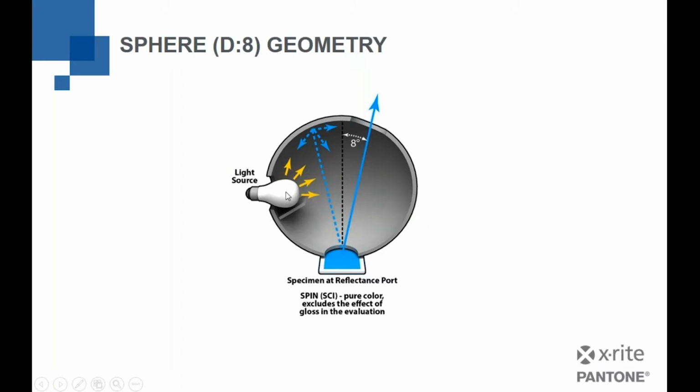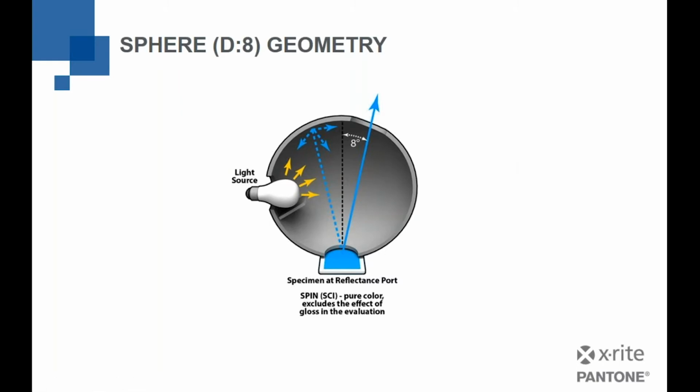So the way that a sphere instrument works is, again, we have a light, but instead of having a lens that's giving me collimated light, a focused beam of light on the sample, the light is shining on the inside of this sphere, which is a white, very reflective, very diffuse surface. And so each beam of light that comes off of this lamp and hits the wall of the sphere bounces in every direction. And so essentially we end up with this sphere, this hollow globe, if you will, reflecting light down to the sample at every direction.